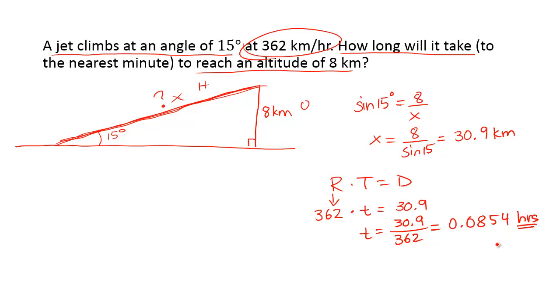How do we convert to minutes? Well, converting to minutes is just a matter of multiplying by 60. So if you multiply by 60, that's going to be 5.12 minutes, which is approximately 5 minutes.